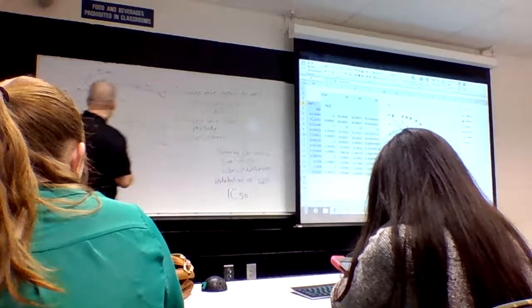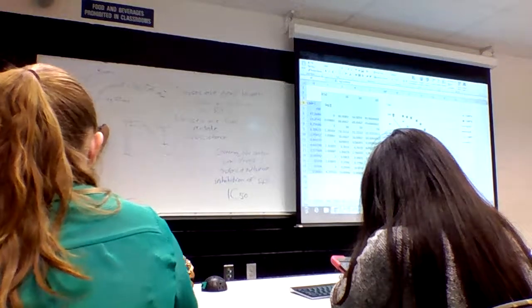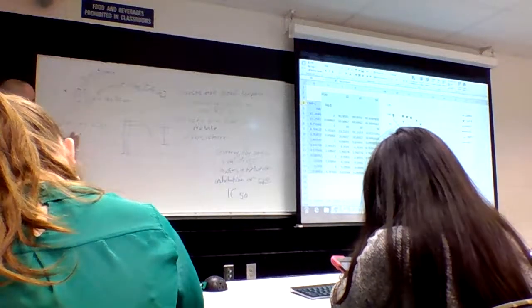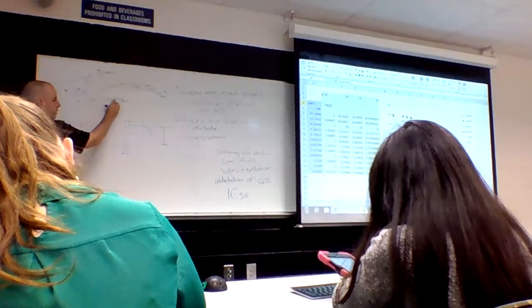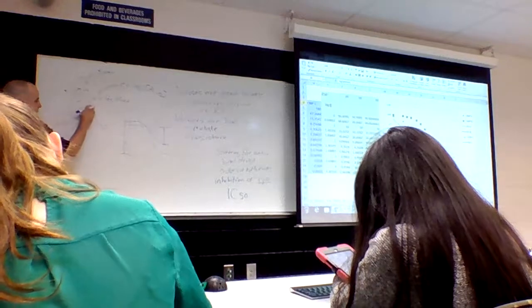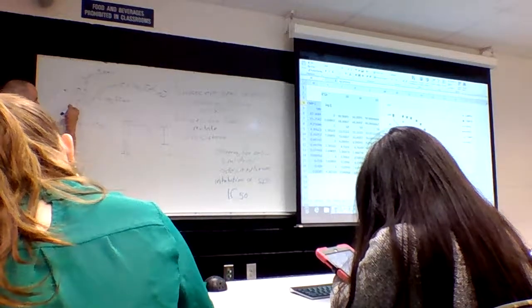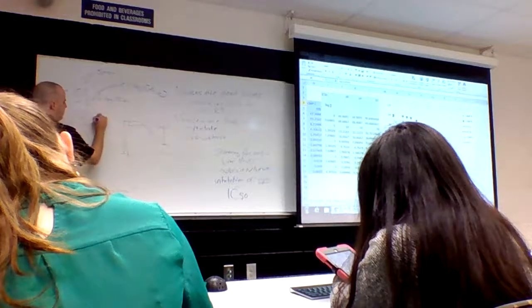So when x equals IC50, then the log of x is going to be log of IC50, and the term is 10 to the 0, or 1. So that's 100 over 1 plus 1, or 100 over 2, which is 50.